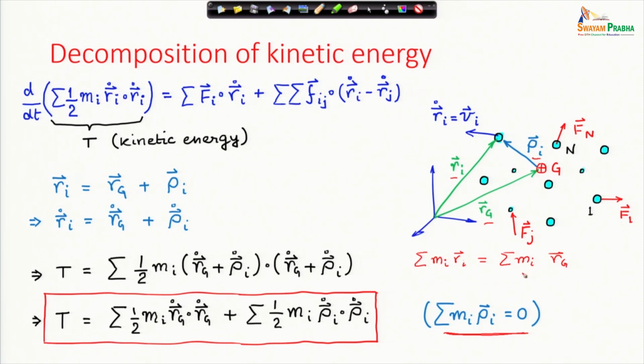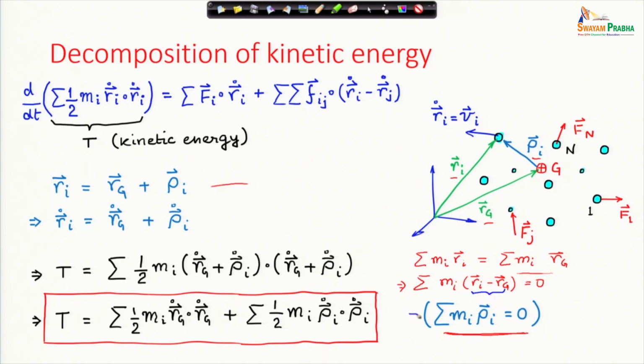Therefore, I can take whatever is on the right hand side to the left hand side and write it as summation of m_i (r_i minus r_g) is equal to 0, and r_i minus r_g, as you can see from the figure, is nothing but rho_i.